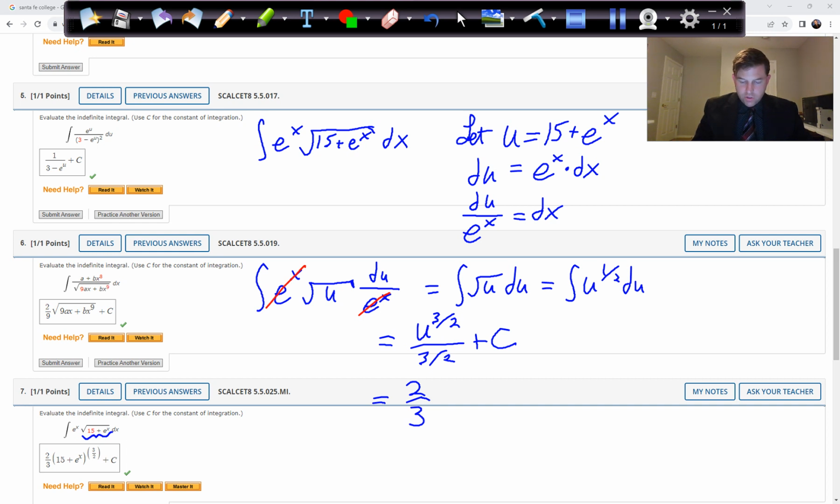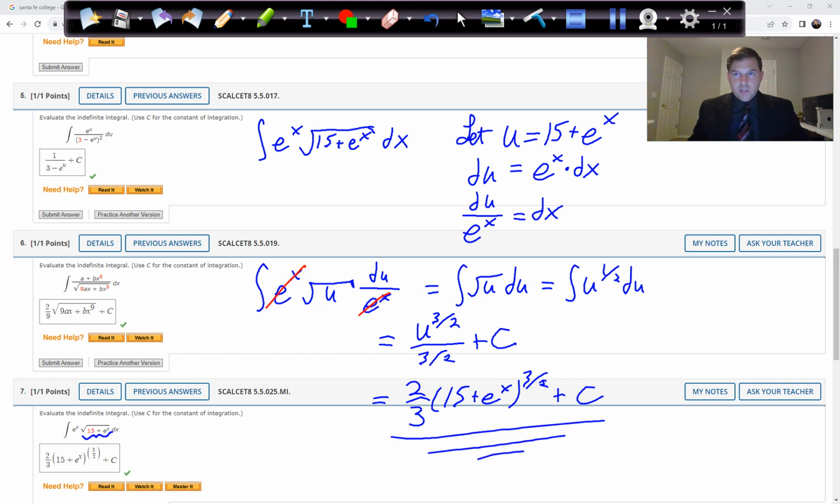And then u is really 15 plus e to the x raised to the 3/2 plus that constant of integration because these are indefinite integrals. So let's see, 2/3, 15 plus e to the x raised to the 3/2 plus c. So that is how you do it. Last step, don't forget, replace u with what it was. We said u is this. Problem 7.